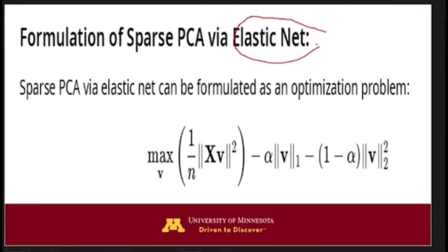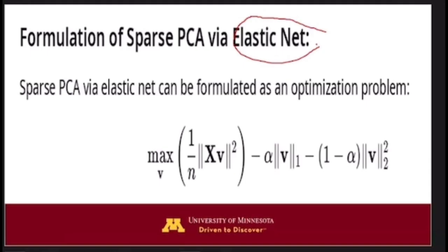But the proposal is that alpha is going to lie between 0 and 1. So if the tuning parameter lies between 0 and 1, then the elastic net creates a balance which will switch from lasso to ridge, like that. Does that make sense?